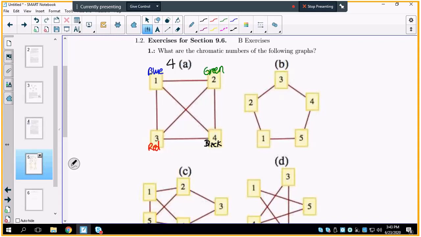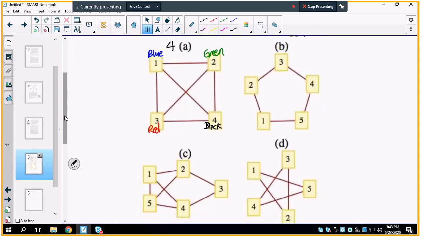Okay, let's do the same thing looking at B. So let's say I want to just start at vertex 1 and I'm going to say that it's blue. Are there any other vertices that I can make blue? Well, clearly I'm not allowed to make vertex 2 blue, but I don't see anything wrong with choosing blue for vertex 3.